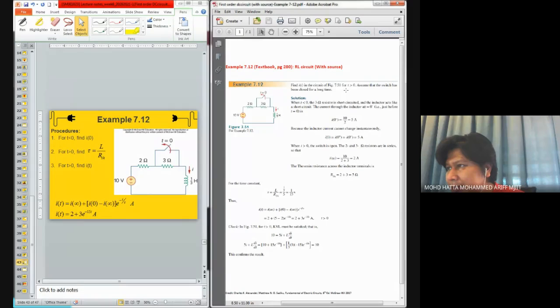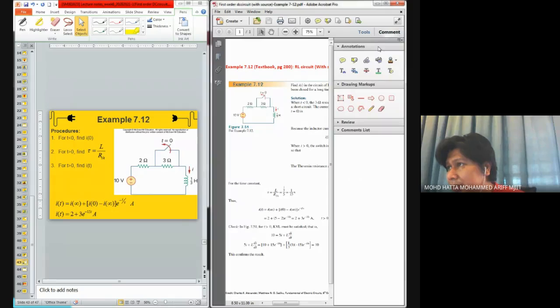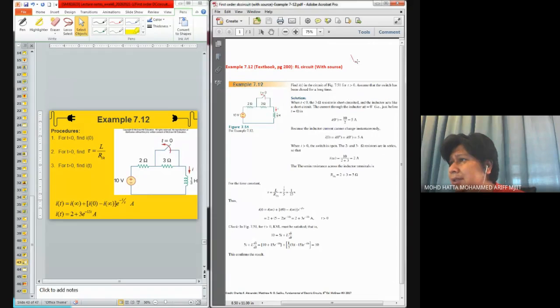Although it says here t greater than 0, you also need to analyze t less than 0 as well. Don't forget about that. And here it says, assume that the switch has been closed for a long time. If the switch has been closed for a long time and opens at t equals 0, what happened to the circuit?